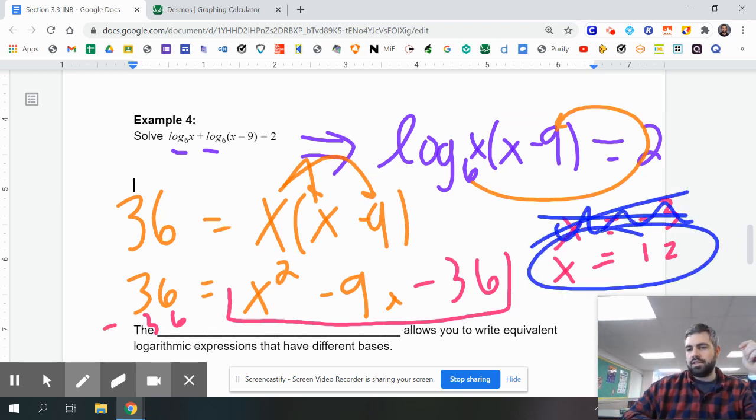The only value of x that works is 12. So we know for a fact that 12 is going to work. If we put that into our equation, log base 6 of 12 plus log base 6 of 12 minus 9, which would be 3, log base 6 of 12 plus log base 6 of 3, that would equal 2. There are lots of different ways to prove that it worked, but we're not going to do that at this point. All right, very good.